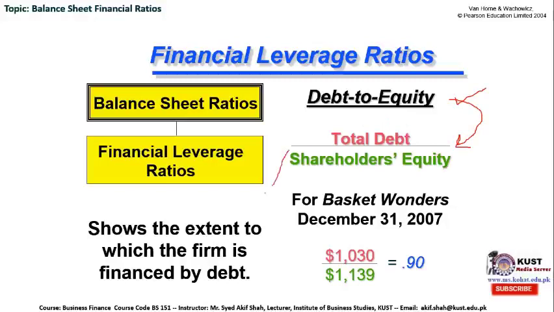And what does this ratio tell us? It shows the extent to which the firm is financed by debt financing. Usually companies are financed from two main sources. One is known as debt financing and another is known as equity financing.